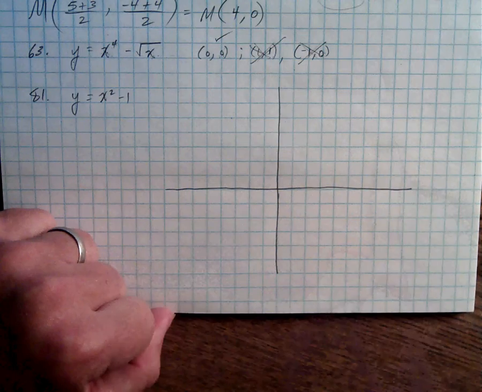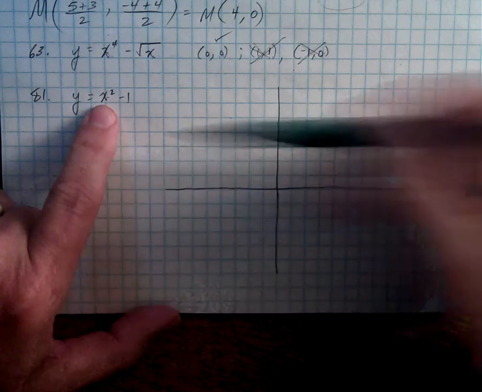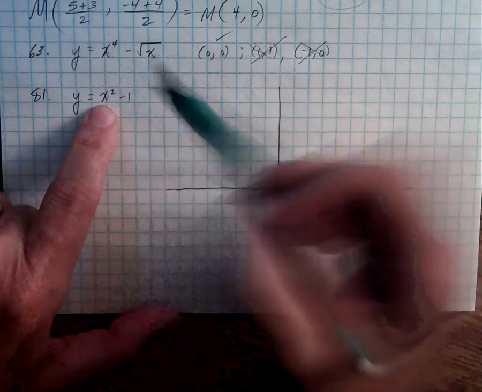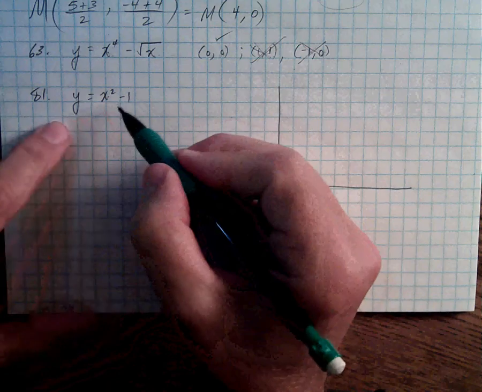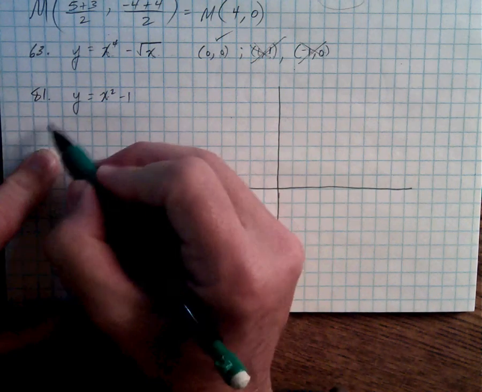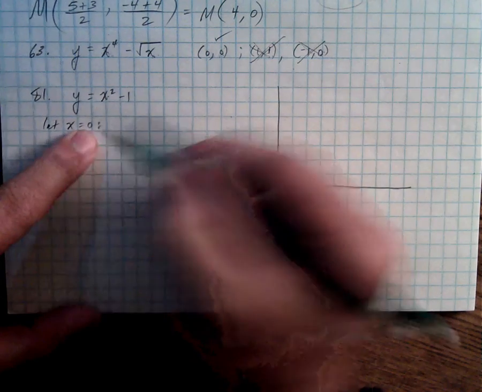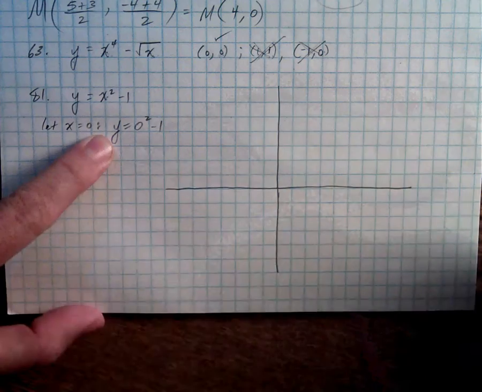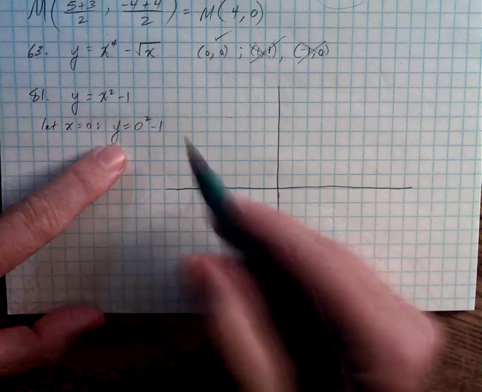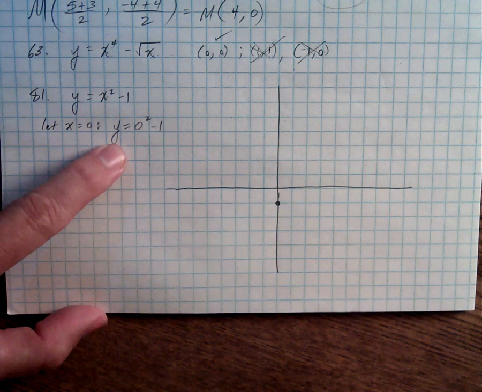So, you find the intercepts by just letting x be 0 and letting y be 0, right? So, if you want to find the y-intercepts, let x be 0. So, if I let x equal 0, then I get y equals 0 squared minus 1, and that's obviously negative 1. So when x is 0, y is negative 1, so that's an intercept.